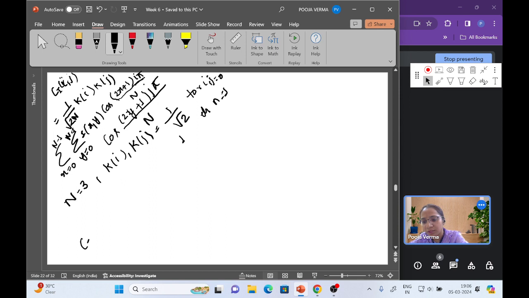So for C(0,0), 1 by root 2n. So n is 3, so that is 2 into 3.